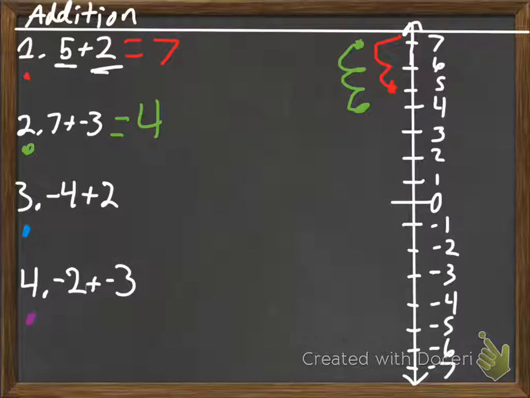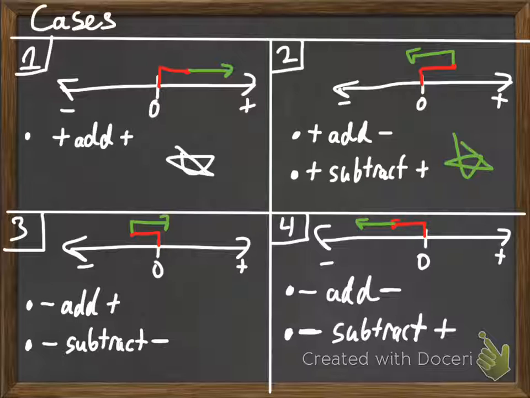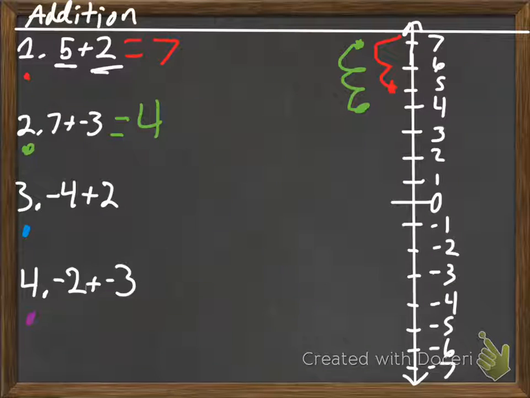Number 3, it's negative 4 plus 2, so it's a negative adding a positive. So negative adding a positive is here. So it looks like we're going to start small, but we're going to get bigger. So negative 4 is down here, and we're going to add 2, so we're going to go 1, 2, and we get negative 2.